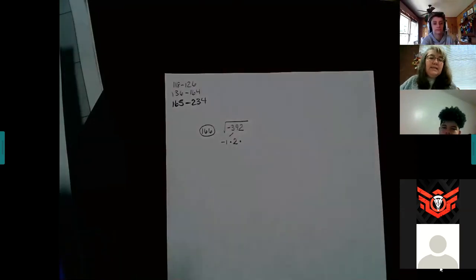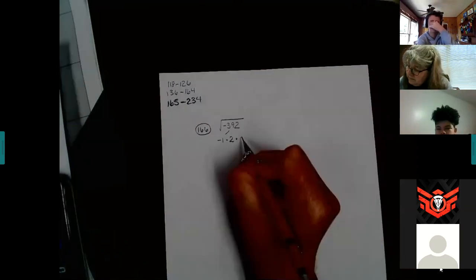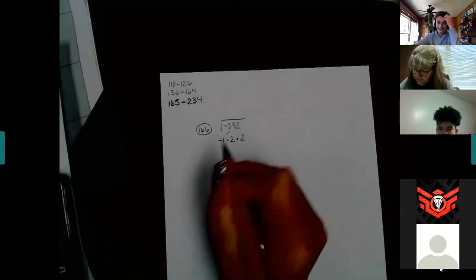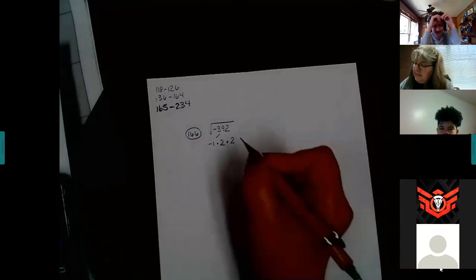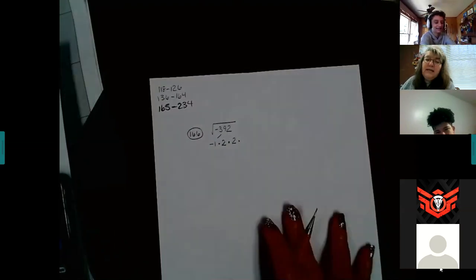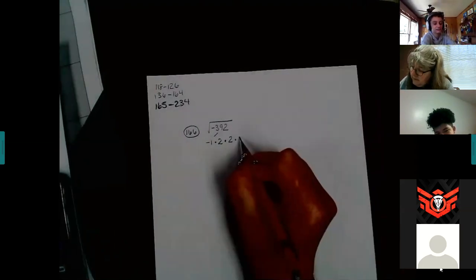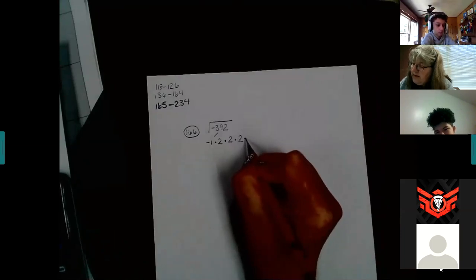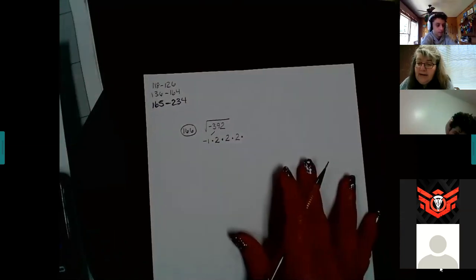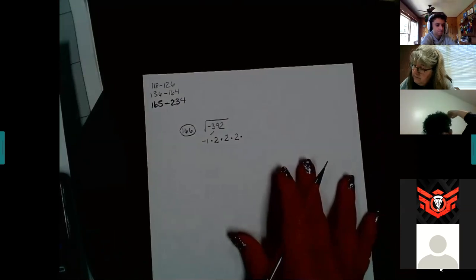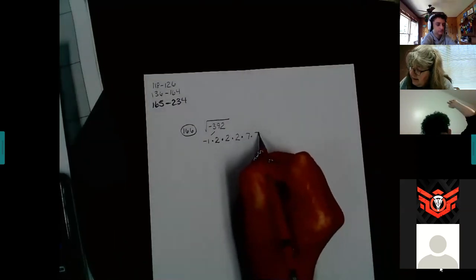What goes into 196? 2. And 196 divided by 2 is 98. What goes into 98? 2 goes into 98 to give 49. And what goes into 49? 7 and 7.